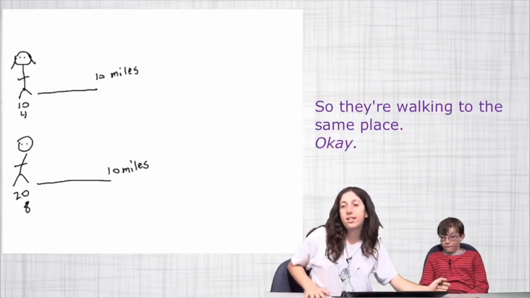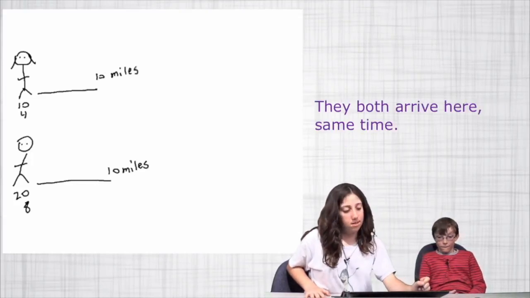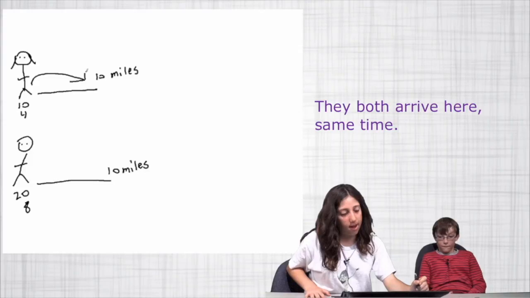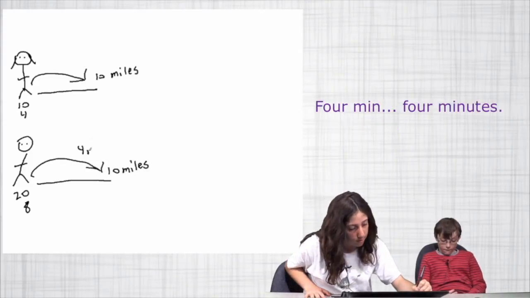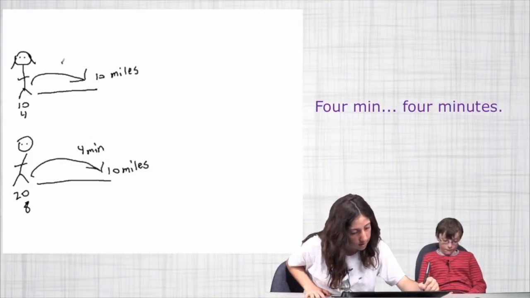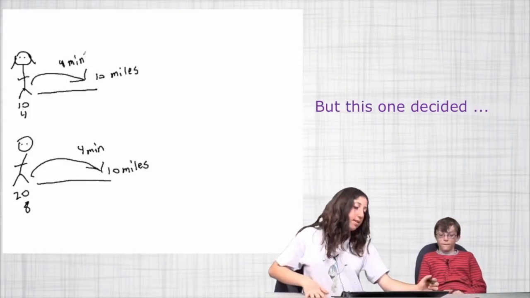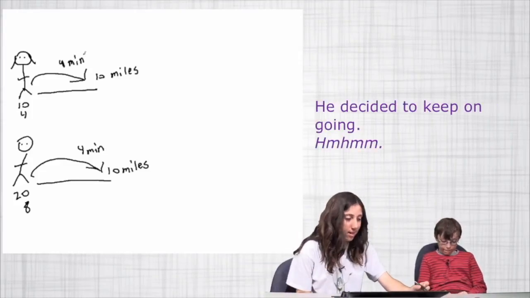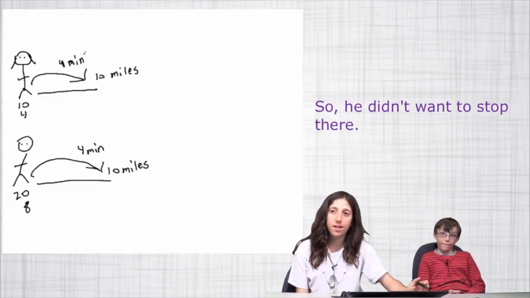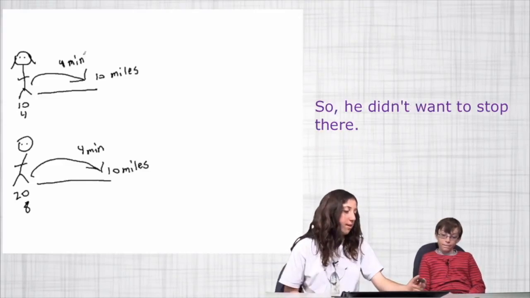So if they're walking to the same place, they both arrive here, same time, 4 minutes. But this one decided to keep on going, so she didn't want to stop there.